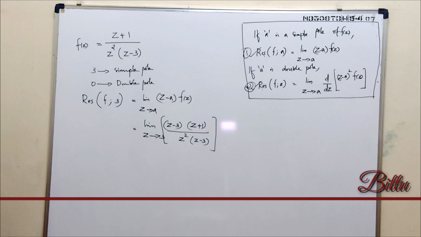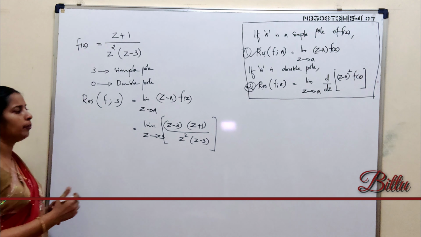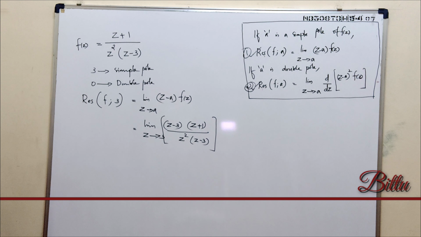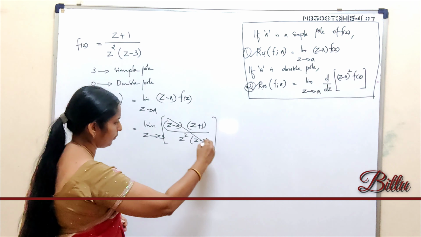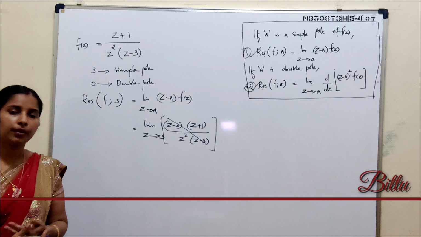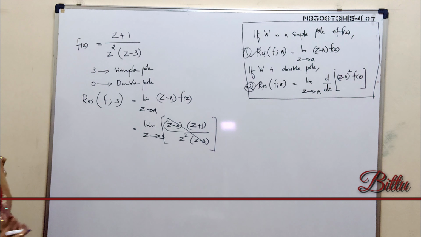While evaluating, we would have to depend on L'Hospital's rule. For avoiding L'Hospital's rule, here you make a cancellation. In almost all questions, in 90% of the functions, you can make a cancellation here so that you can directly find its limit without using L'Hospital's rule.